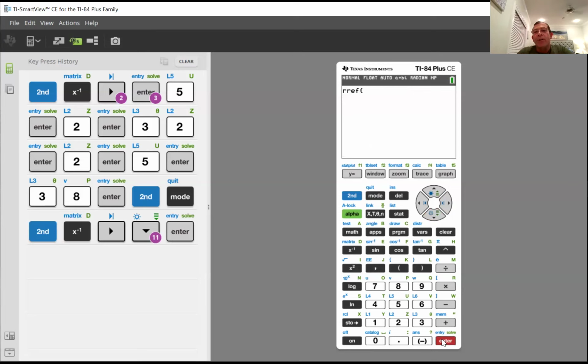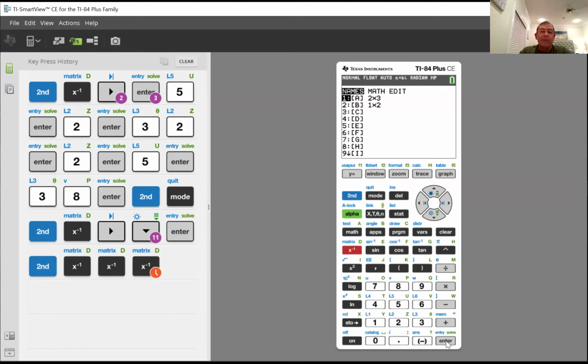So now it's going to reduce it, but we got to go and grab the matrix again. So second, x negative 1. And when I do that, I'm just going to hit enter because that's the first thing highlighted. So now I'm going to reduce my matrix A. When I hit enter on the right side, there it is. There's our 4 for the x and our 6 for the y.